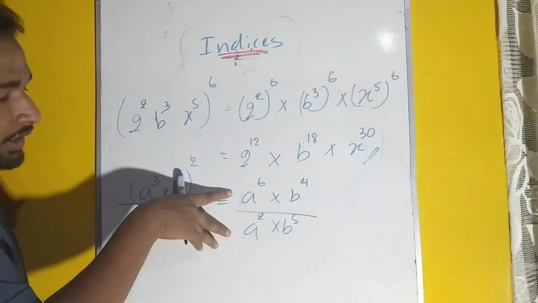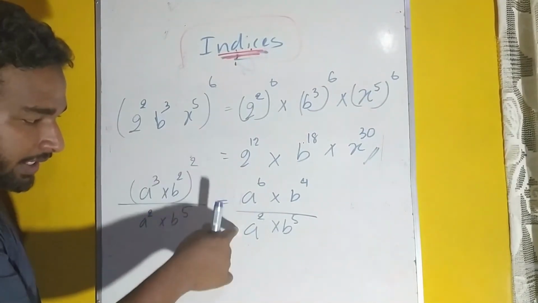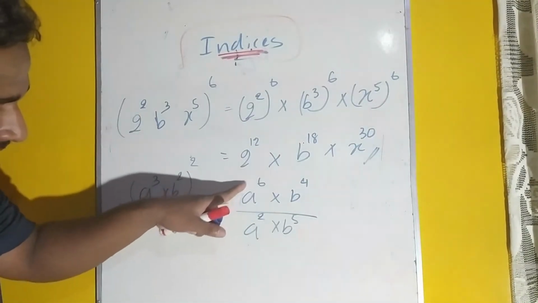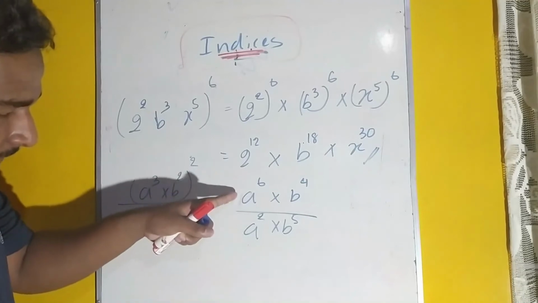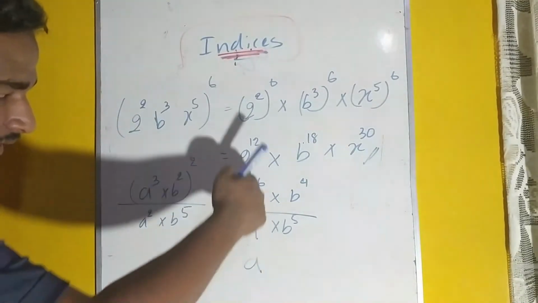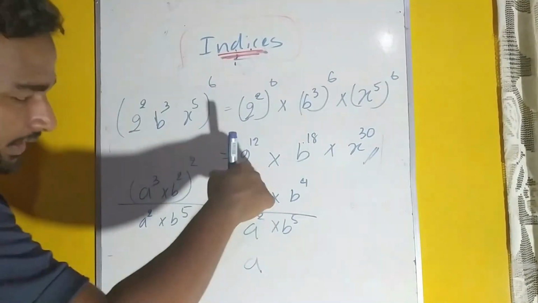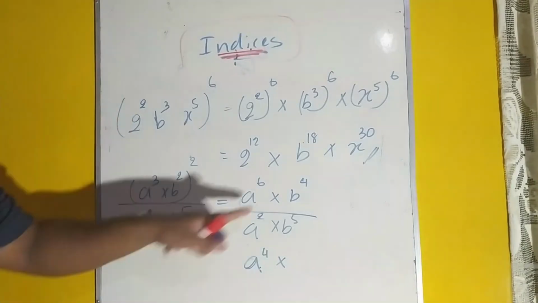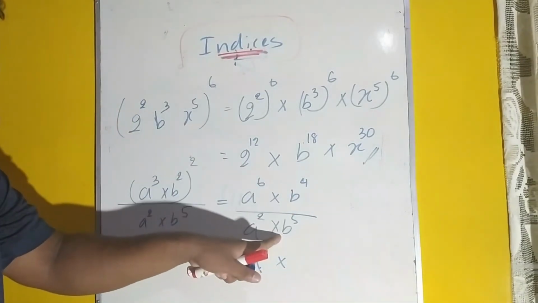But if you compare numerator and denominator, the bases are same. Here a to the power 6 divided by a to the power 2. That means, the common base is a. When dividing, the powers should be subtracted, 6 minus 2 is 4, into b to the power 4 divided by b to the power 5.